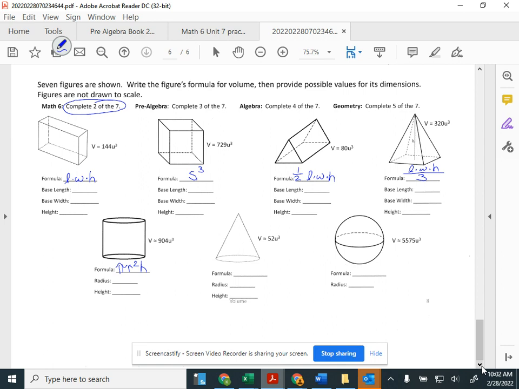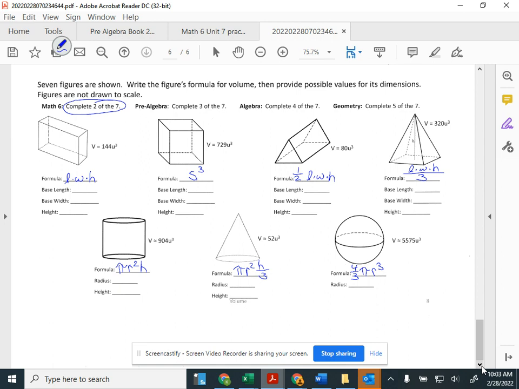For our cone, we have that circle of pi r squared, and then that height, we're going to divide it by 3, because it is a cone, so we have to divide by 3. And the formula for a sphere is 4/3 times pi r cubed.